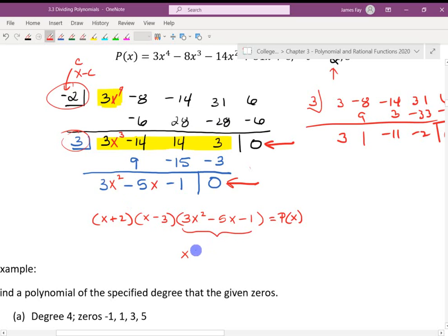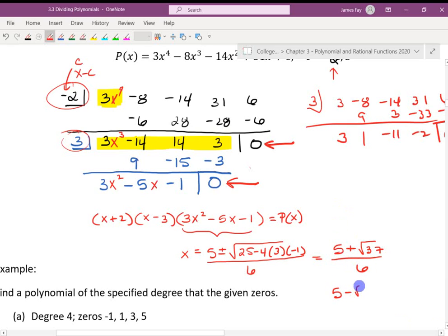So let's run that through here with that set of a, b, and c. So we'll have 5 plus or minus the square root of 25 minus 4 times a times c, all over 2a. That's going to give me 5 plus radical 37 over 6, and 5 minus radical 37 over 6.